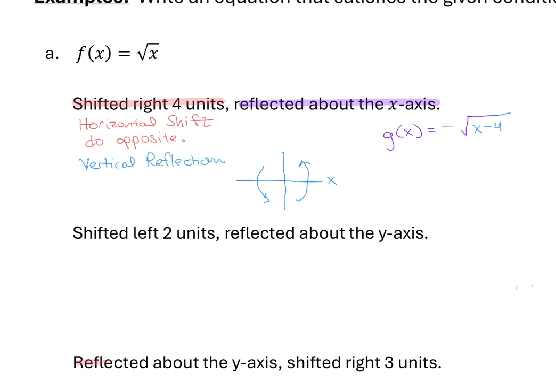And so we want a negative outside of our function. And we're done. That is our function that we want.